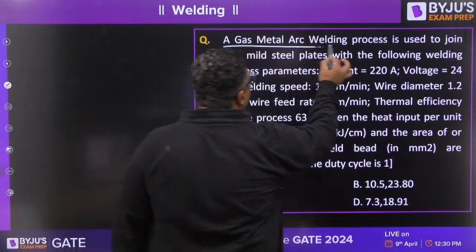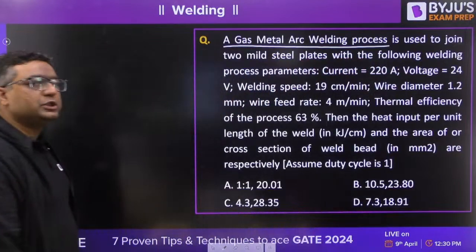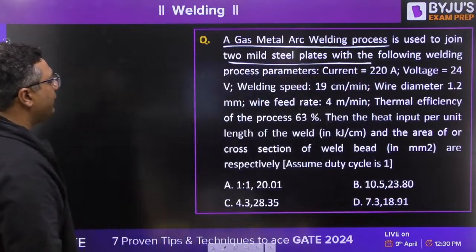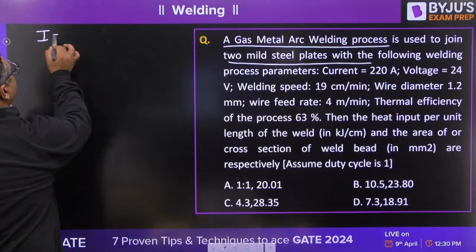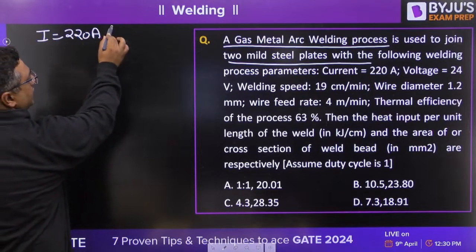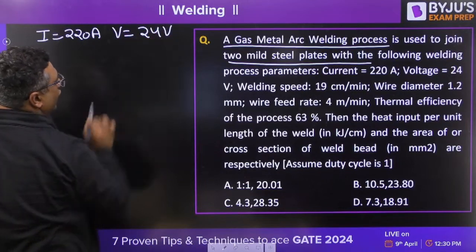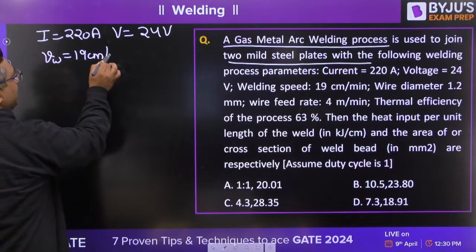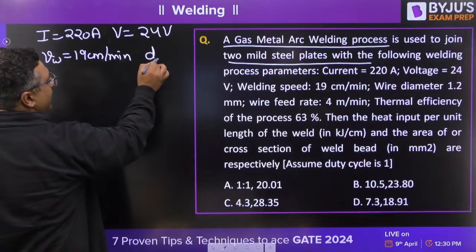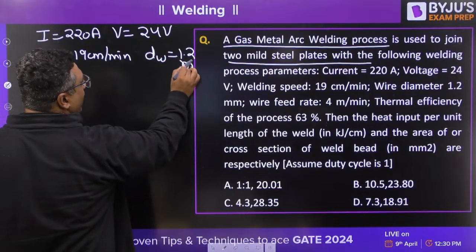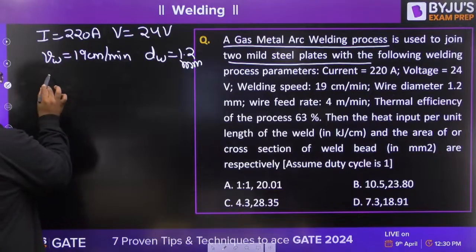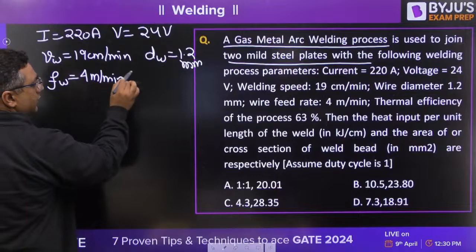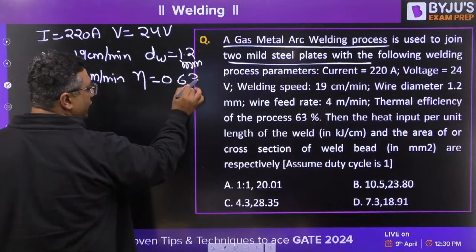A gas metal arc welding process is used to join 2 mild steel plates with the following welding process parameters. Current is 220 amperes, voltage is 24 volts, welding speed is 19 centimeter per minute, wire diameter is 1.2 mm, feed rate is 4 meter per minute, thermal efficiency is 0.63.